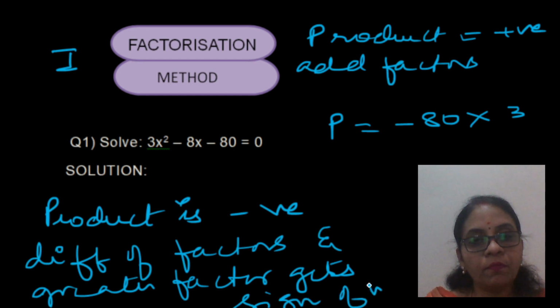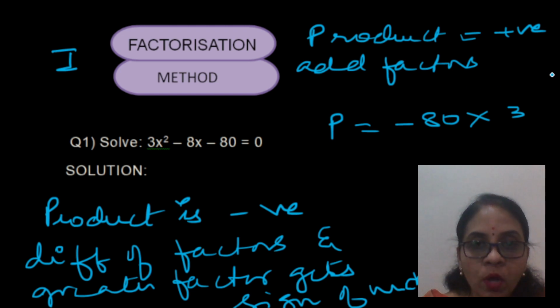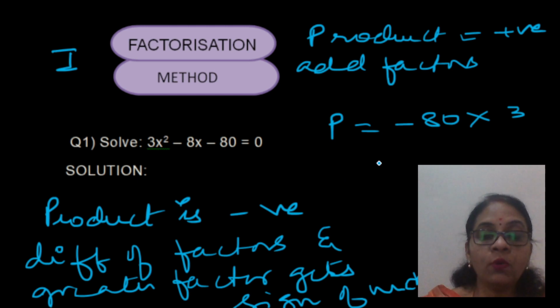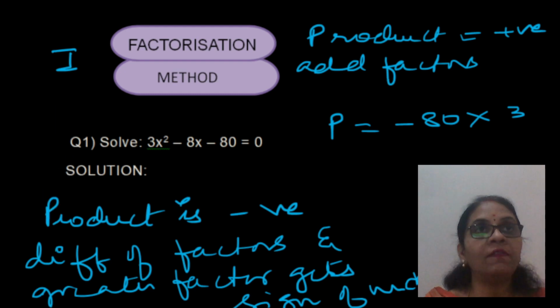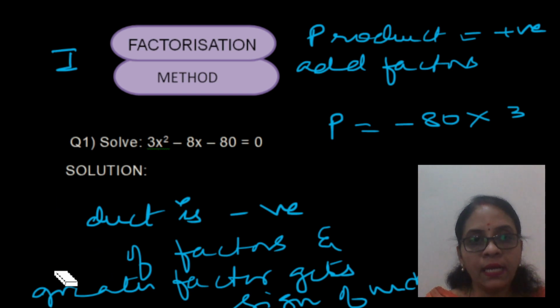So if the product is positive, both the factors you should add and both the factors will get the sign of the middle term. And if the product is negative, you have to take the difference of the factors and the greater factor will get the sign of the middle term.